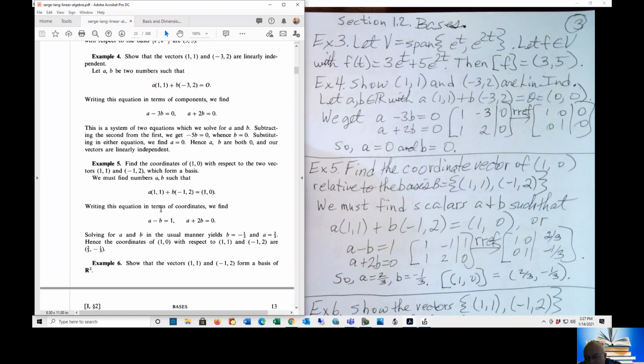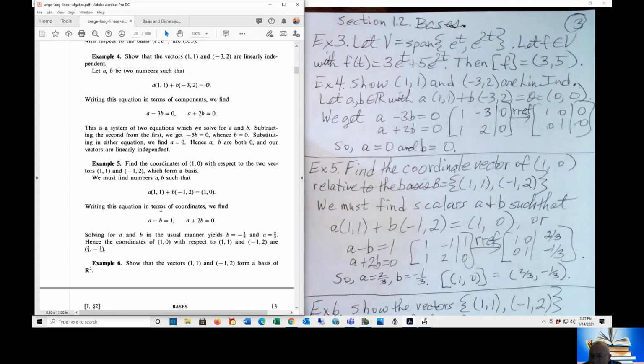That gives rise to a system of two linear equations in the two variables a and b, which are very easy to solve.